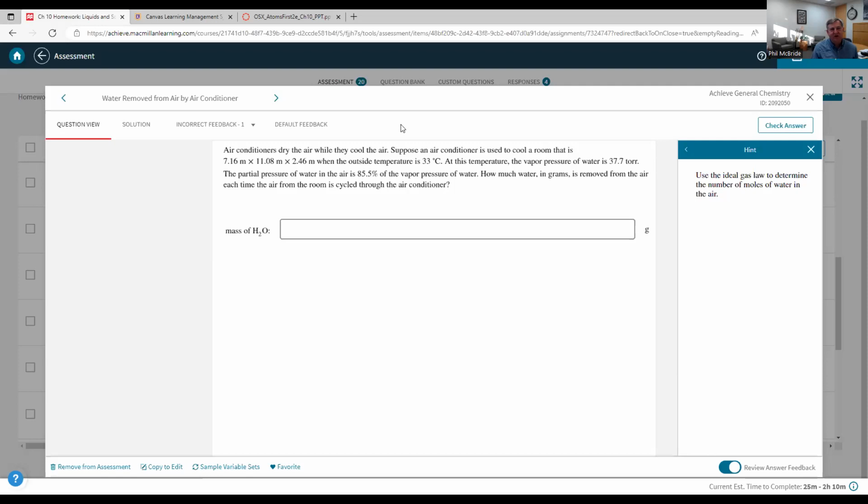Do I know the volume? You have dimensions. Yeah, so this is a cube. So how do I find the volume of a cube? This is your geometry lesson.